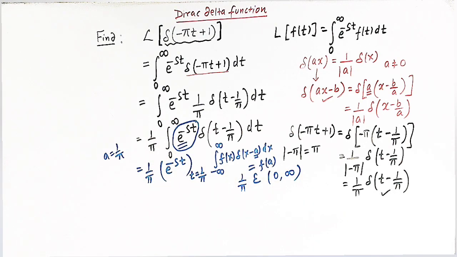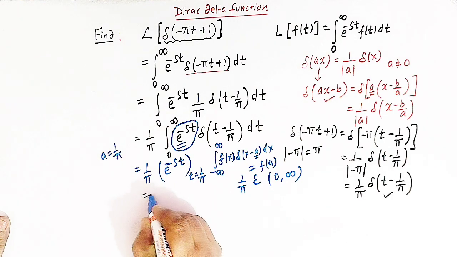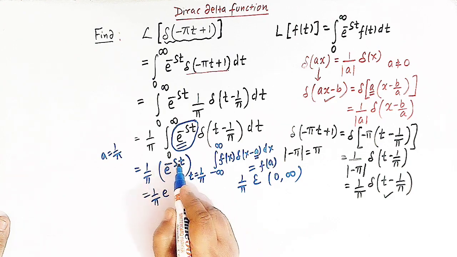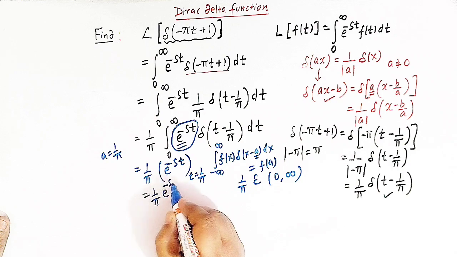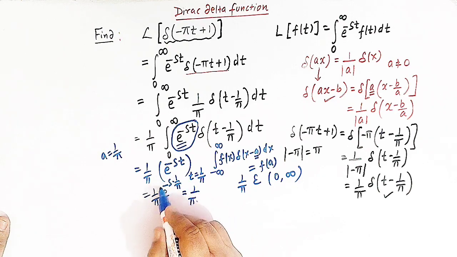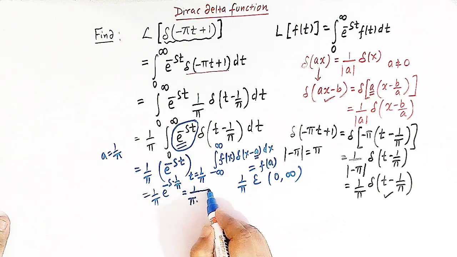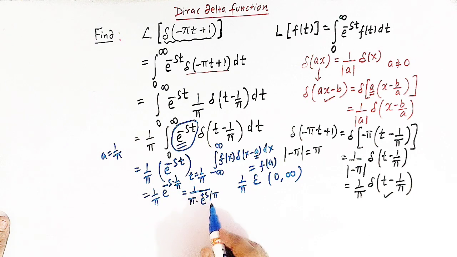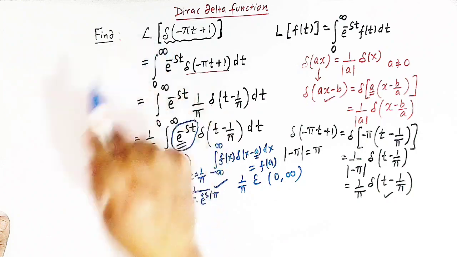So we have 1 over pi and e raised to minus s times t. Taking t equal to 1 over pi, we have minus s times 1 over pi. Taking this term to the denominator, we have 1 over pi e raised to s over pi. So this is the required Laplace transform of this delta function.